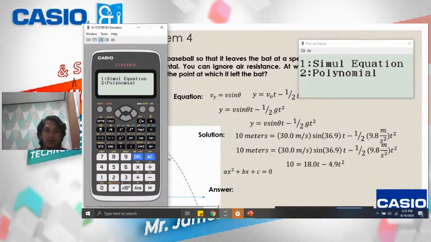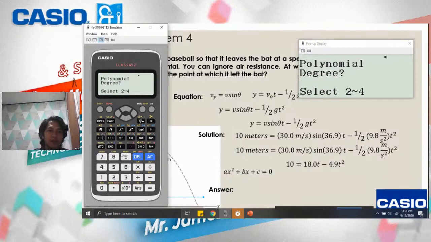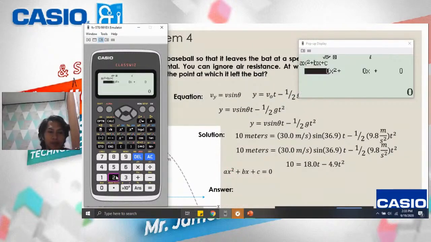Since hindi naman tayo dalawang equation, and then ang ating is polynomial, we press 2 instead. So, the question is polynomial degree. Since ito ay ax square, ang value ng ating unknown ay may degree na 2, pinakamataas, we're going to press 2. So, ito na yung pattern natin.